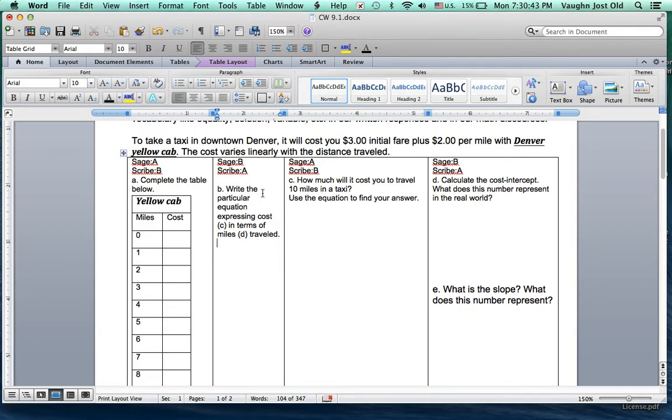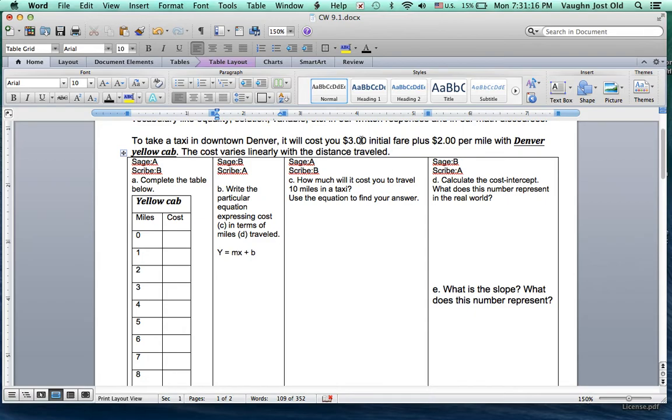Now the second column is asking us to write an equation expressing the cost, C, in terms of miles, D, traveled. Now remember, when we're dealing with linear equations, often we write these equations in the form of y equals mx plus b, where m is our constant rate of change, or our slope, and b is our beginning point, or our y-intercept.